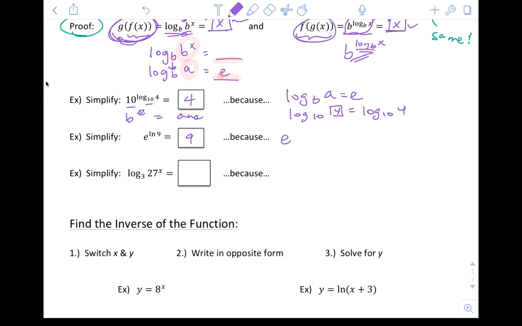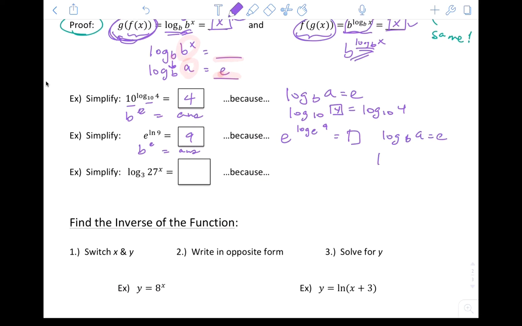e to the ln, remember ln is log base e. You have another bia. Base, exponent, that equals an answer. So if you convert this to bay, and log is bay, you have a base of e, as in Euler's number 2.71828.